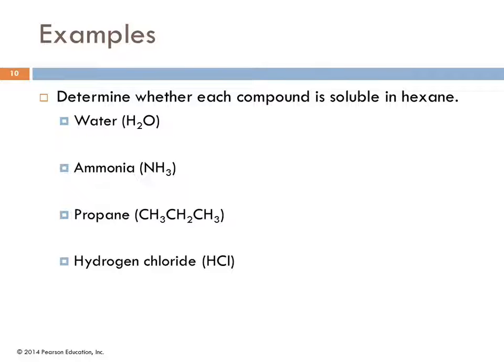And we're doing this just based on types of intermolecular forces. So hexane is C6H14. What is the strongest intermolecular force that molecule probably has?